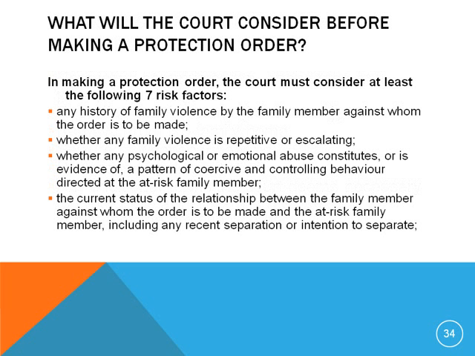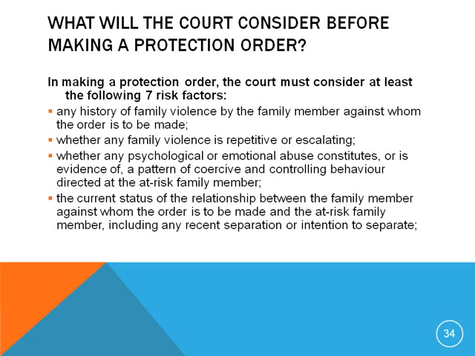So if you're in the position where you are going to court as an advocate with one of your clients, or helping them draft an affidavit, you're going to want to look at these risk factors and speak to whichever ones apply. You want to mention the history of family violence, whether the violence is repetitive or escalating.